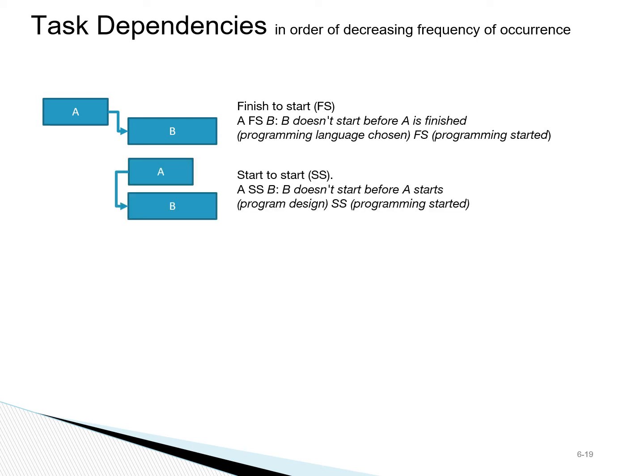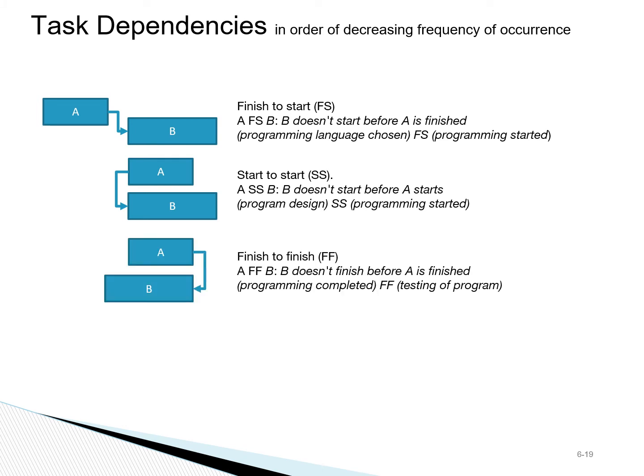Another dependency is start to start. Task B can't start until task A has started. Programming can start when program design has started. Usually there is a delay so that we can get some basic design done before programming starts.